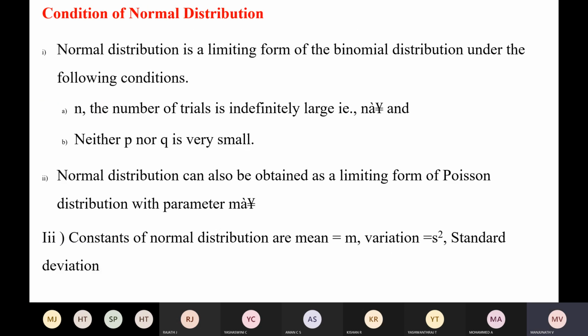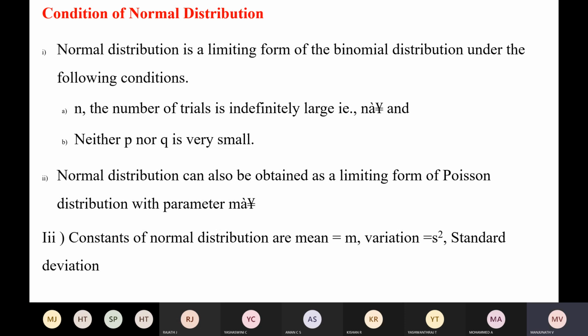Conditions for normal distribution. It is the limiting form of the binomial distribution. If you put limits on the binomial distribution, you will get normal distribution. That's what people say. Again, it is difficult to understand the concept of normal distribution from this statement.